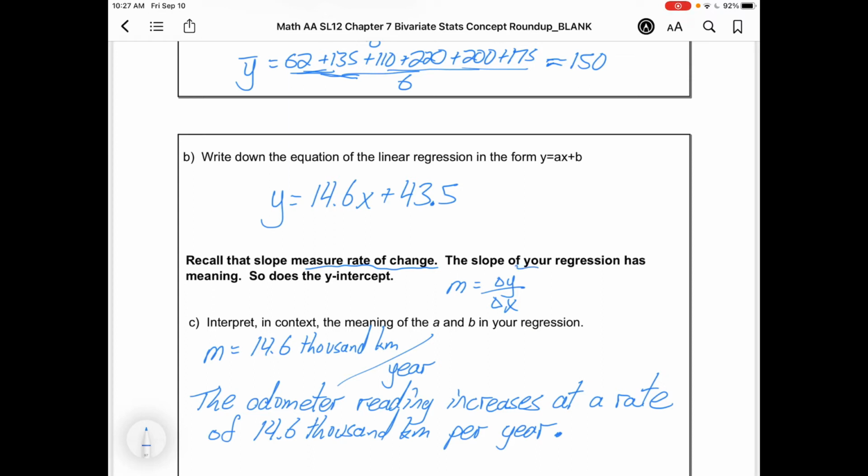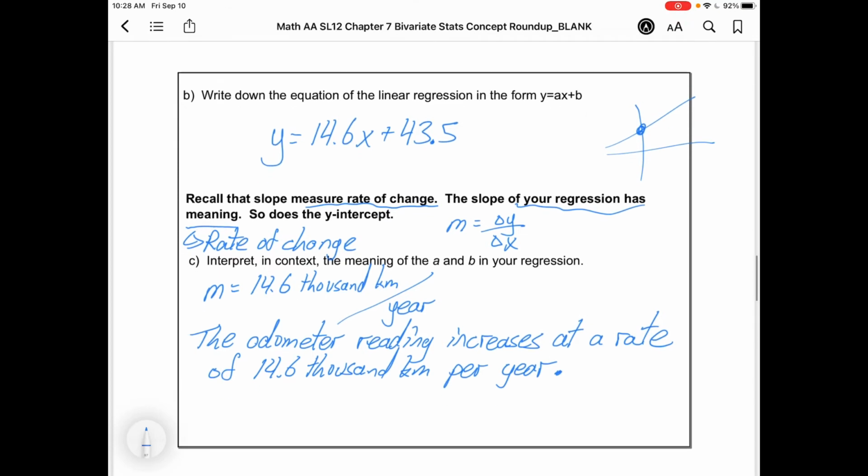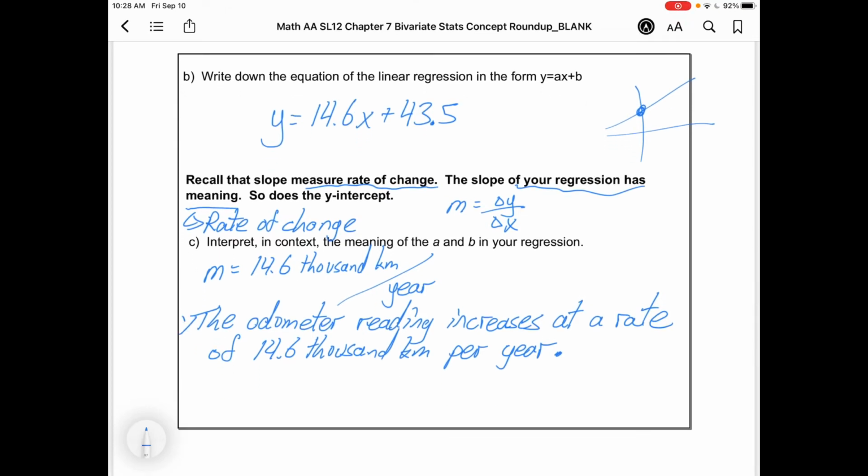So the slope of your regression has meaning. It's a rate of change. The y-intercept also has meaning. The y-intercept on any line tells us what happens when x is 0. So for us, the y-intercept is 43.5, and we know that means 1,000 kilometers, and that's happening when x equals 0.